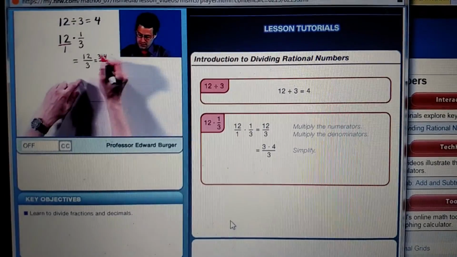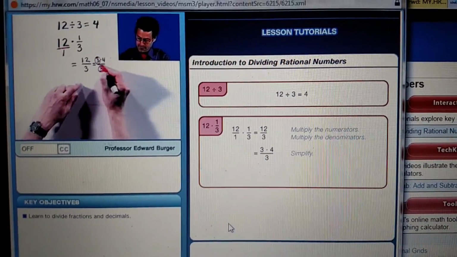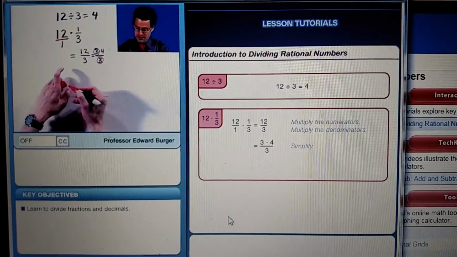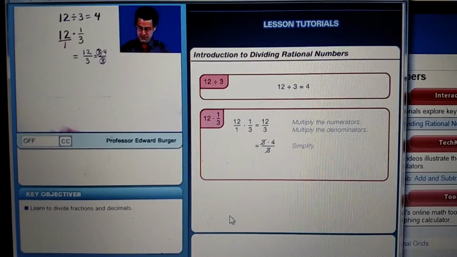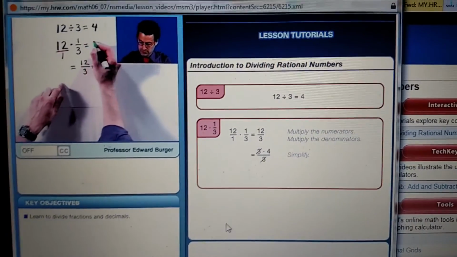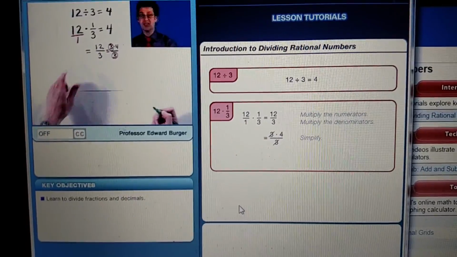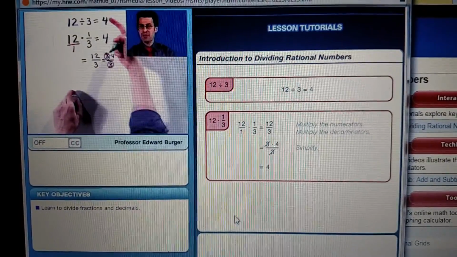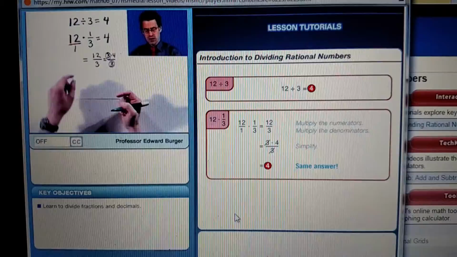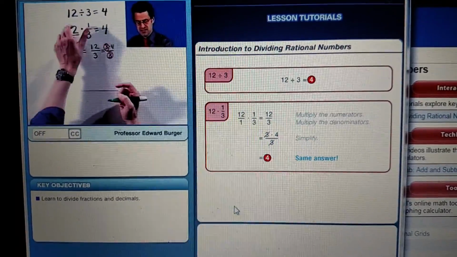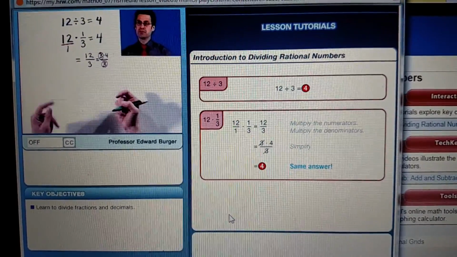And look, we can reduce the common factors, and we're left with just 4. Now check it out. We got the exact same answer. And so this process that we see here, this versus that, have to be equivalent.